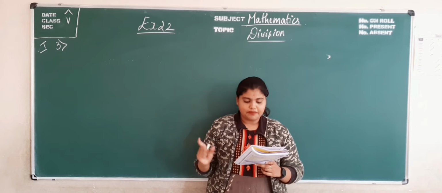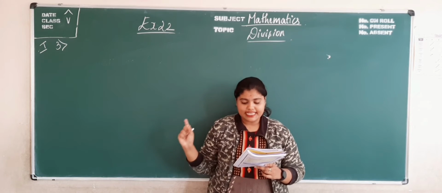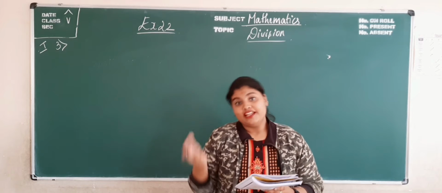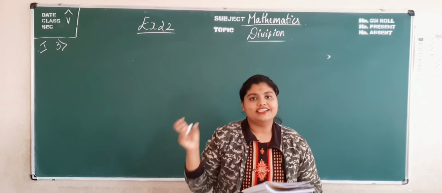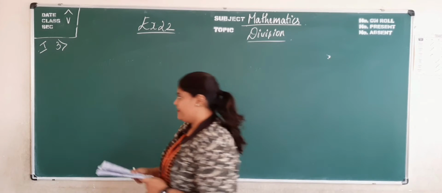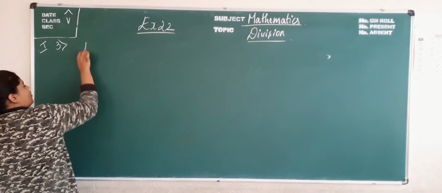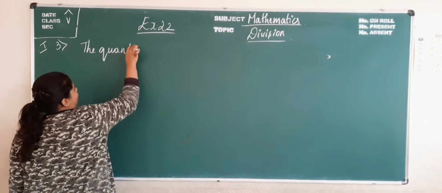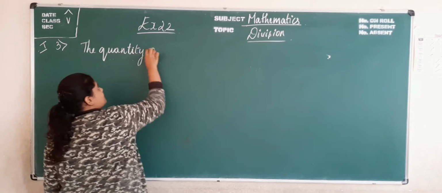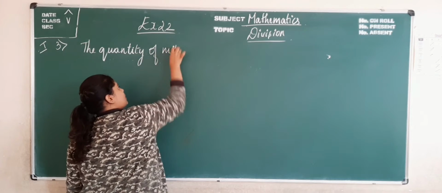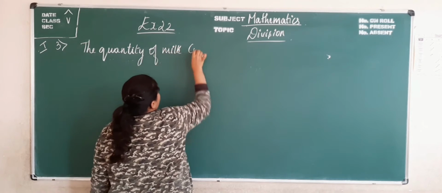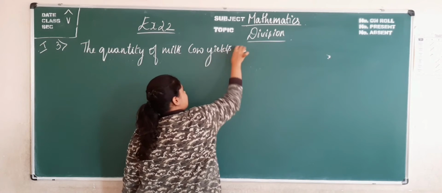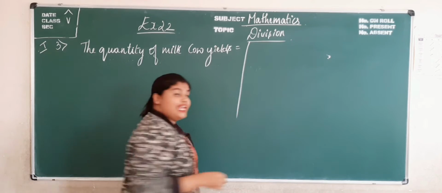What is the first statement? Anita has a cow which yields 8 liters of milk in a day. Yes, the quantity of milk the cow yields. Very good. Write down: the quantity of milk cow yields is equal to how much? 8 liters.